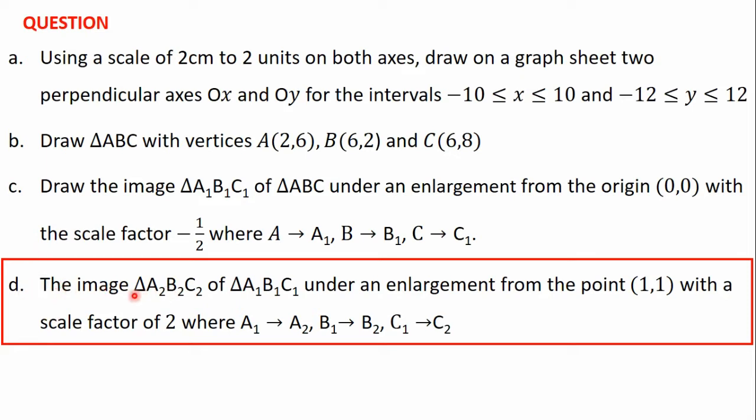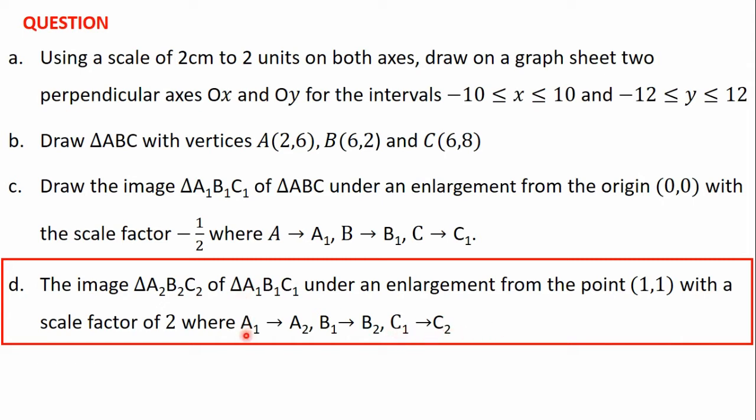The image triangle A2, B2, C2 of triangle A1, B1, C1 under an enlargement from the point 1, 1 with a scale factor of 2, where A1 maps to A2, B1 maps to B2, and C1 maps to C2.